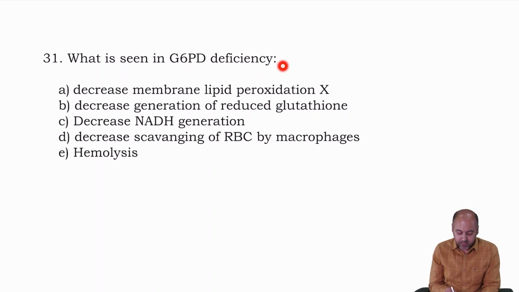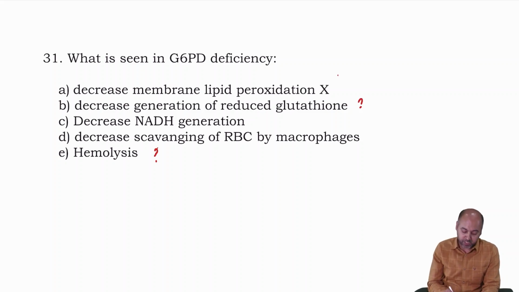What is seen in G6PD deficiency? Your options are decreased membrane lipid peroxidation, decreased generation of reduced glutathione, decreased NADH generation, decreased scavenging of RBC by macrophages, and hemolysis. Again, it's a recall question, so we had some confusion about which of these two options were present.